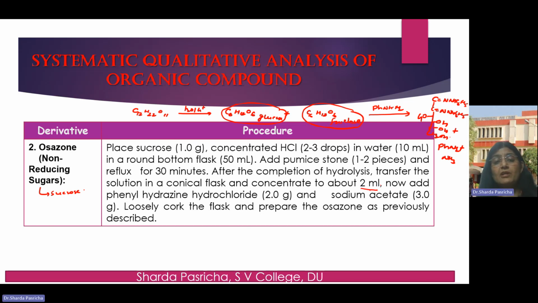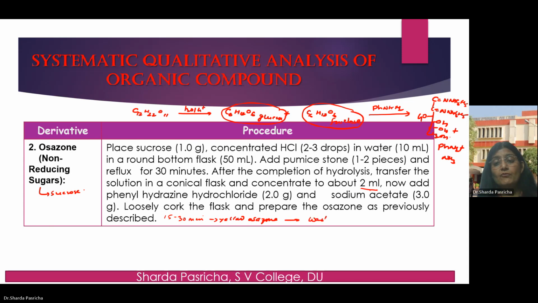To this 2 ml solution now, you add phenylhydrazine hydrochloride, 2 grams, and sodium acetate, 3 grams. Again, loosely cork the flask and heat it on a boiling water bath for about 15 to 30 minutes until you get the yellow precipitate of osazone being formed.